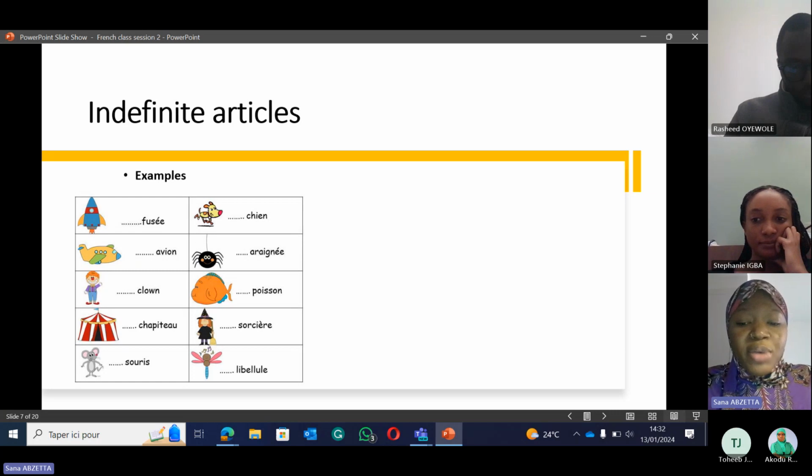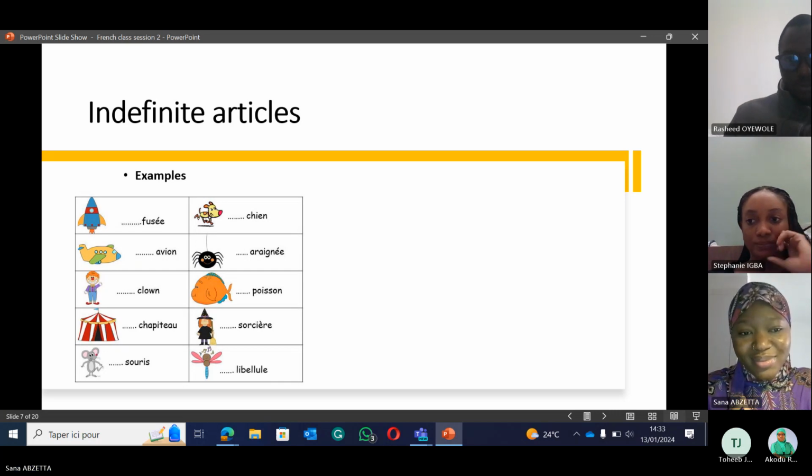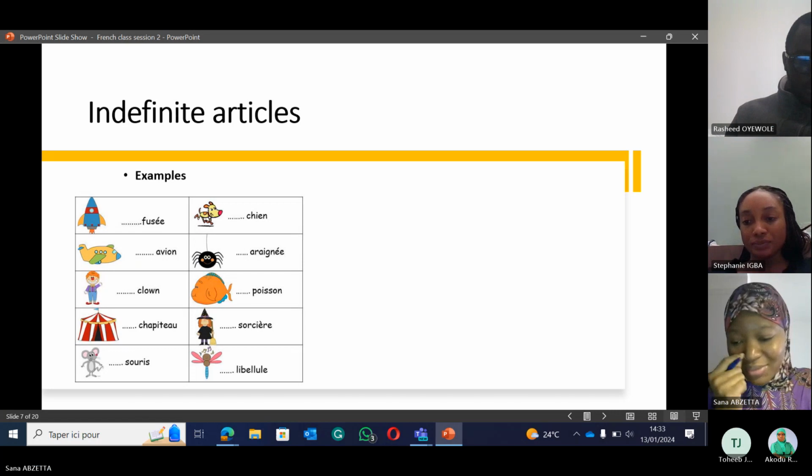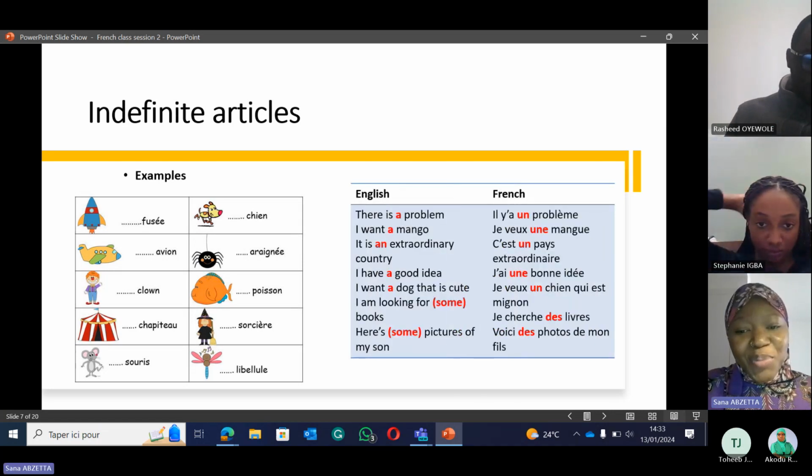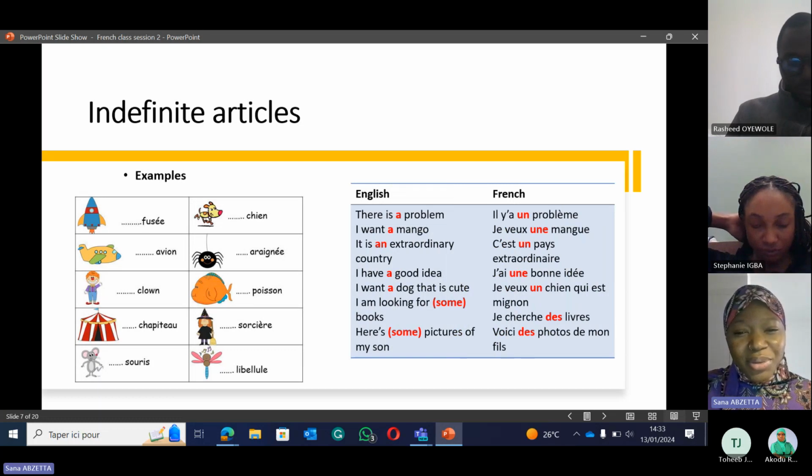And if it's plural, we use just des, because in plural, there is no differentiation between the masculine and the feminine word. Is it clear till now? Yes, it is.